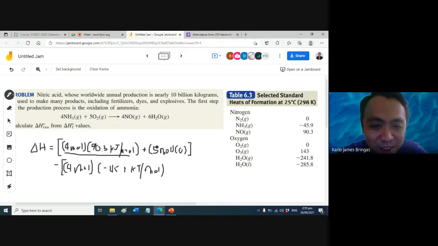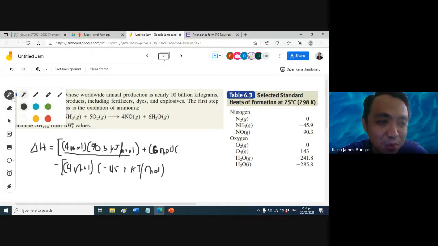So I apologize for that one. This is 6 moles of water. So the stress is so real with the bloopers ng ating synchronous classes.